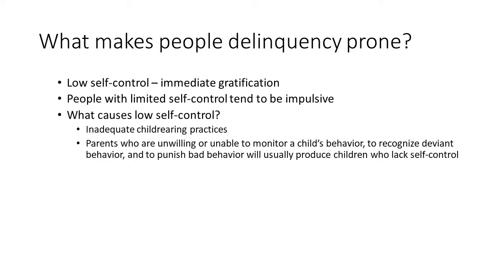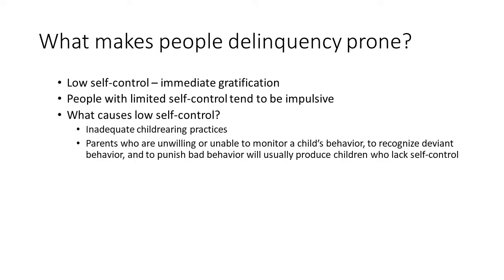Gottfredson and Hirschi say that self-control is developed by the end of childhood and fostered through parental emotional investment in the child, which includes monitoring behavior, recognizing deviance when it occurs, and then punishing that behavior. The lack of self-control is a natural phenomenon that will occur unless steps are taken to avoid it.